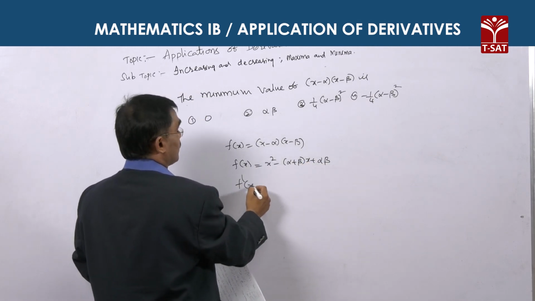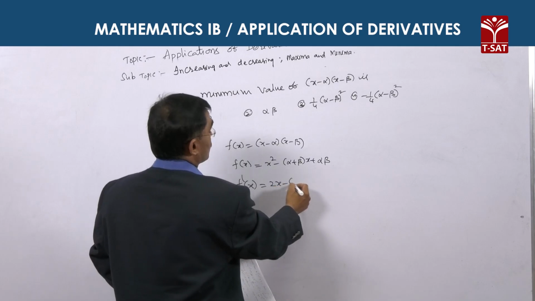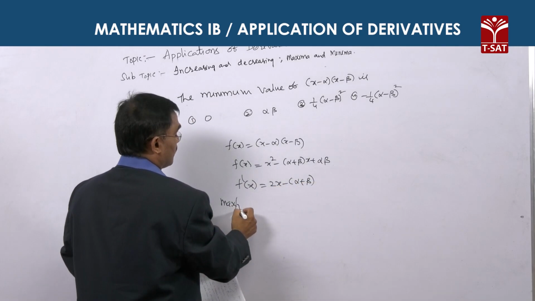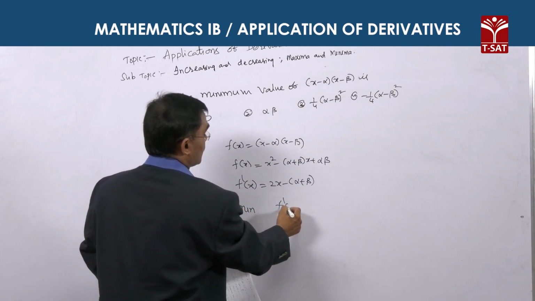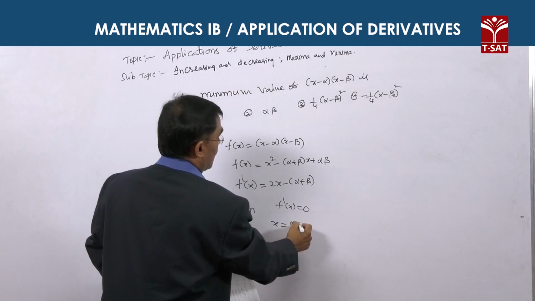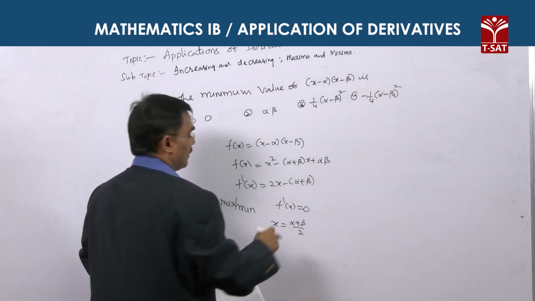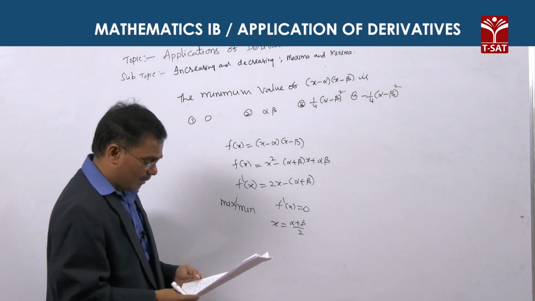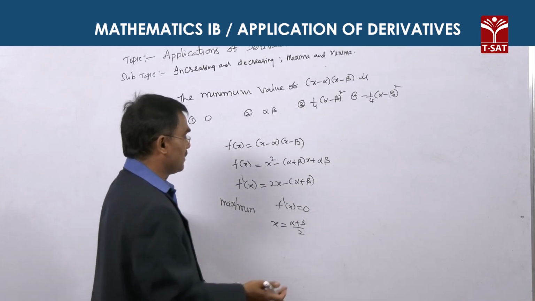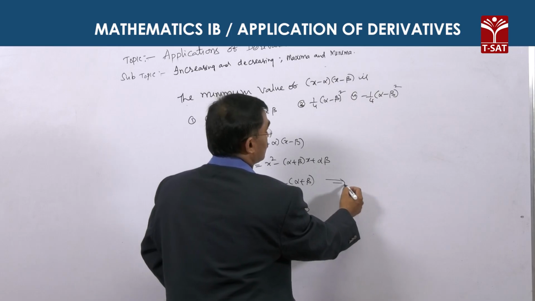The derivative f dash x is 2x minus (alpha plus beta). For maximum or minimum, f dash x is equal to 0. Simplifying, x is equal to (alpha plus beta) by 2. At x equal to (alpha plus beta) by 2 there is a maximum or minimum, and from that we decide which.